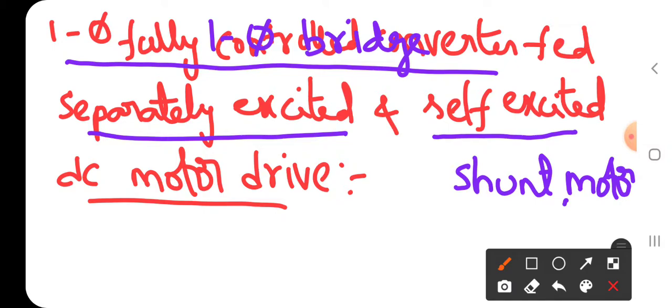What is the difference between those two circuit diagrams? First, I am going to draw the circuit for the single phase bridge SCR converter fed separately excited DC motor drive.